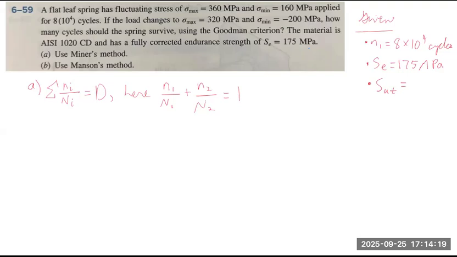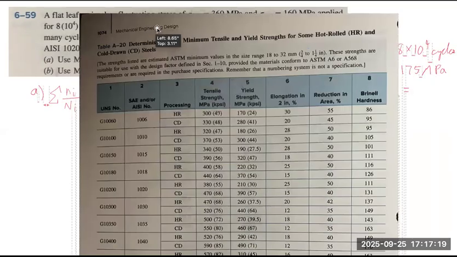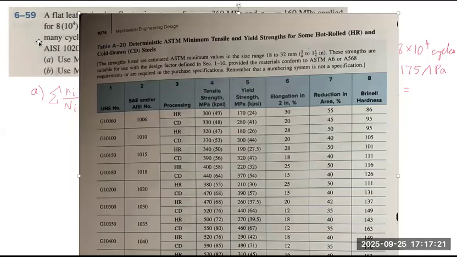Basically we have a graph over here, and AISI 1020 CD, so cold drawn, is going to be equal to this one. It's 1020 and then cold drawn.